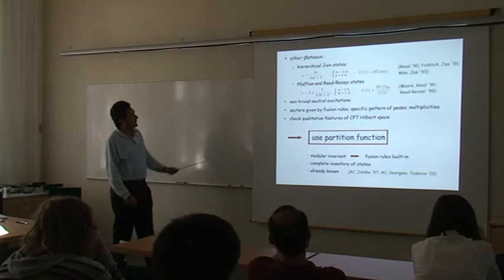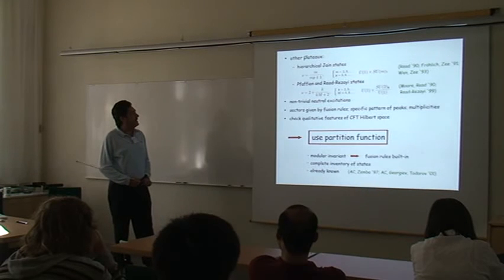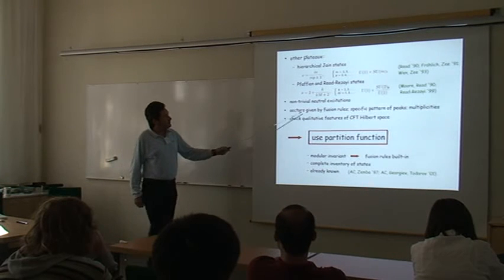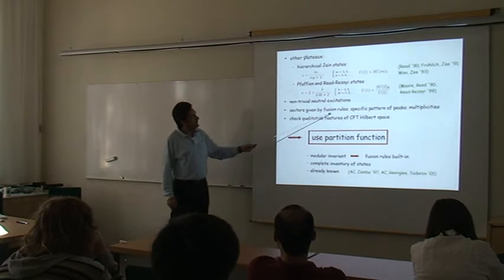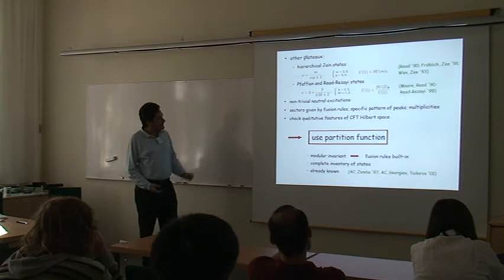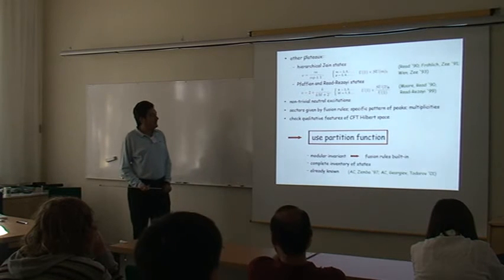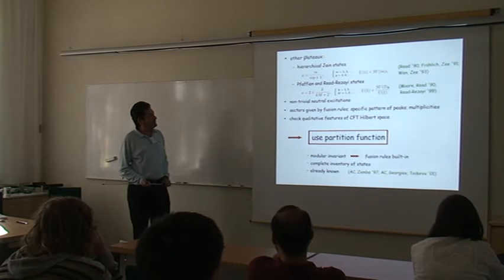So it's not completely obvious what you get as a result, and because of this involvement of the fusion rules, these peaks test the qualitative features of the conformal field theory description.